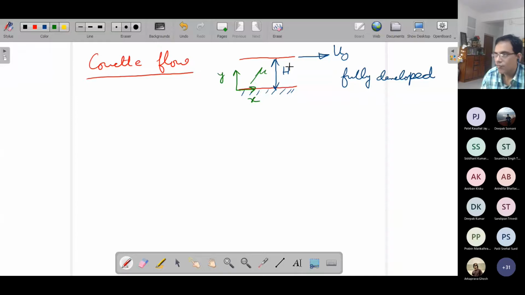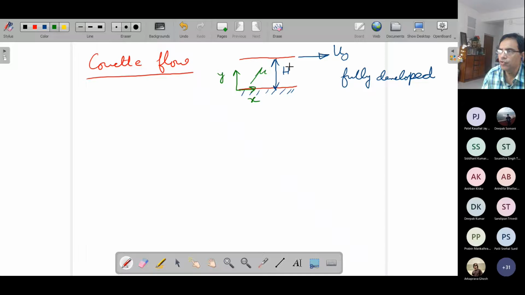Now let us try to analyze this problem, but even before that, let us try to understand why such a problem is at all important from the engineering viewpoint.